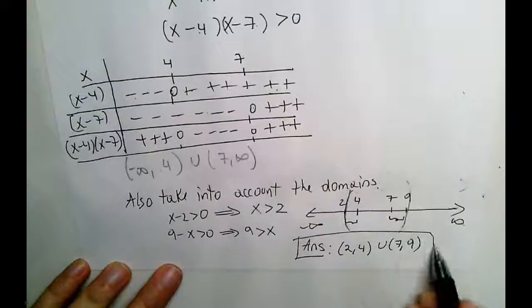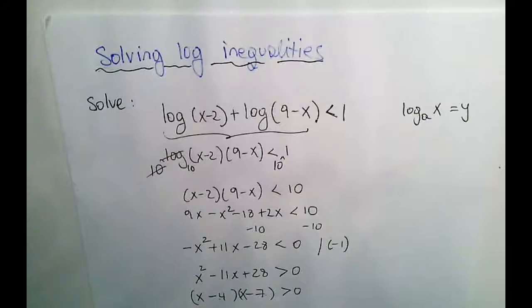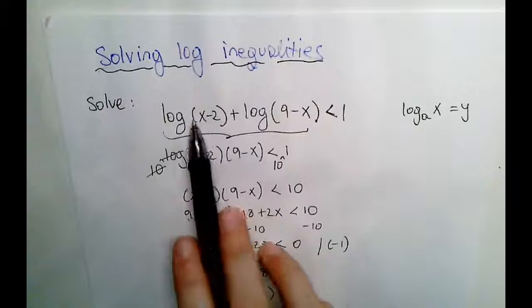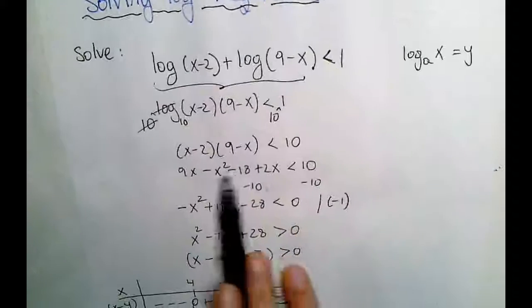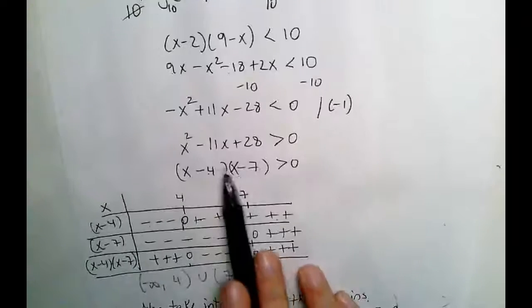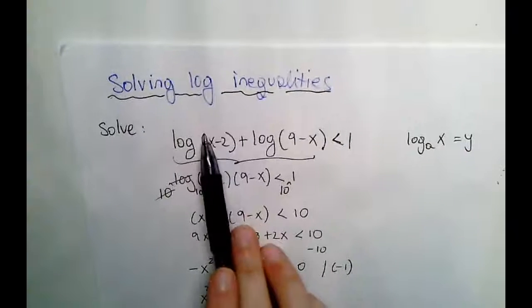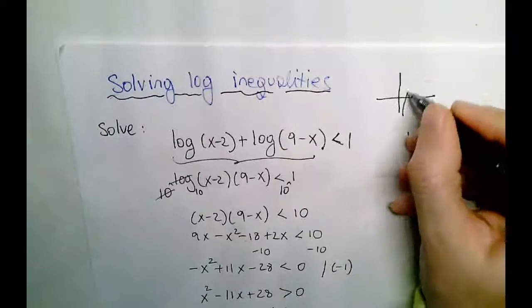All right. So this is not anything new per se, because you should know how to use properties of logs, and you should know how to solve a polynomial inequality. So this just came down to solving a polynomial inequality, and then you know how to find the domain of logs. So remember that the log function looks like that.